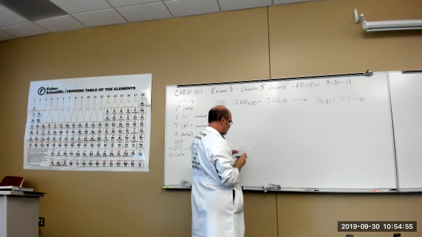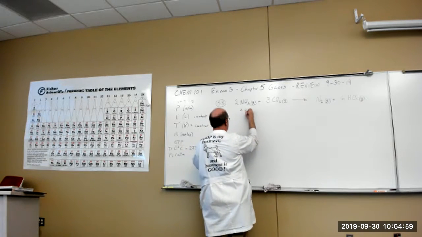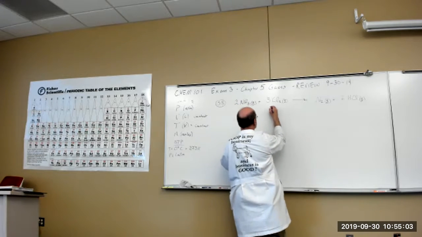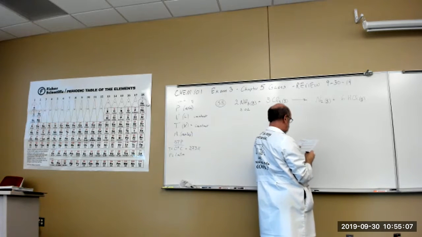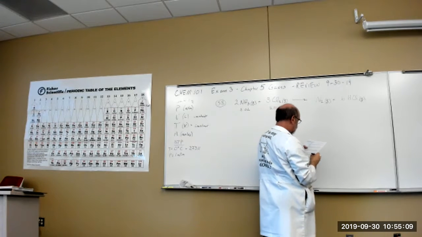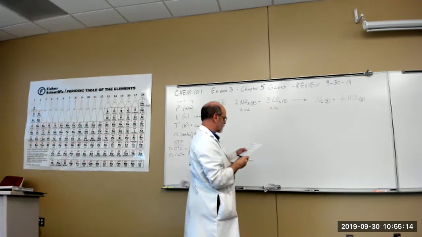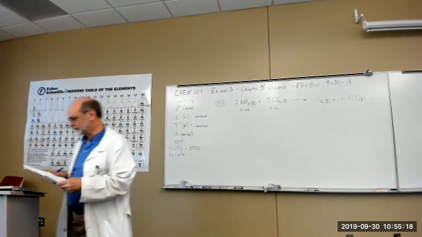You react 5 liters of ammonia and 5 liters of chlorine. Measured at the same conditions in a closed container. Calculate the ratio of pressures in the container before and after. Okay.